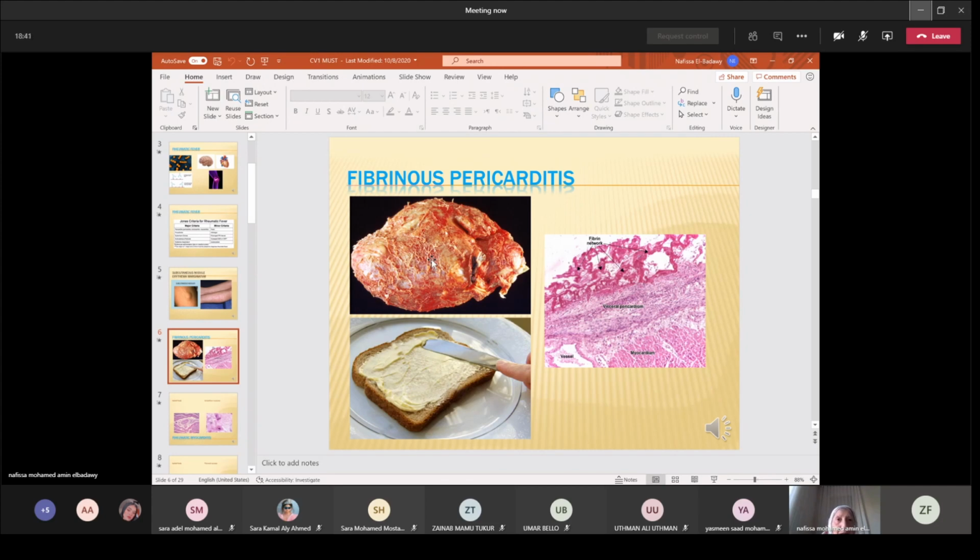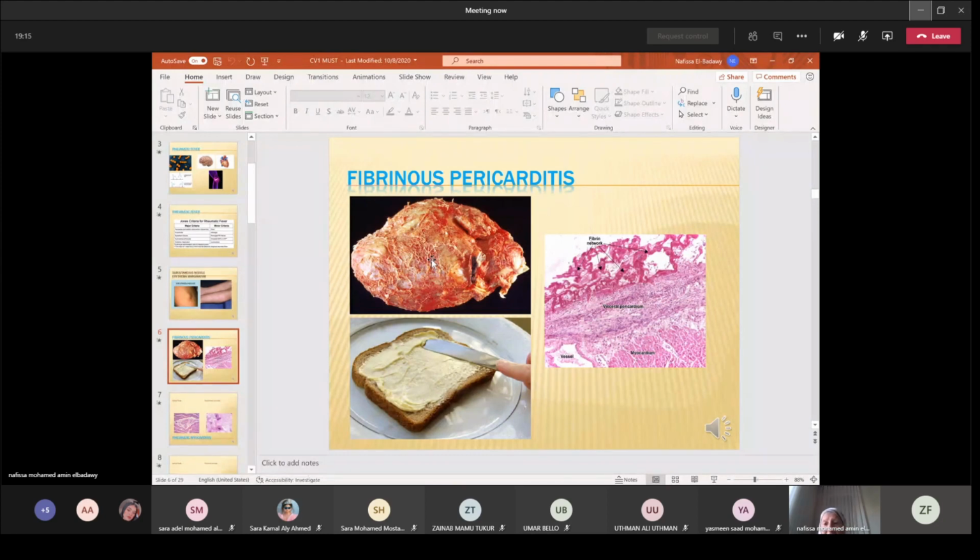As we know, pathologists are always looking for morphology, for the changes in appearance. So they connect everything to what they know. So the presence of fibrin and the trial to separate the visceral from the parietal pericardium, with the shaggy appearance and the feeling that we feel, let them say that this is like bread and butter appearance.